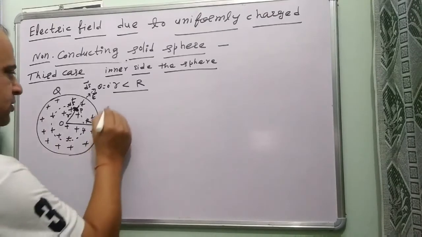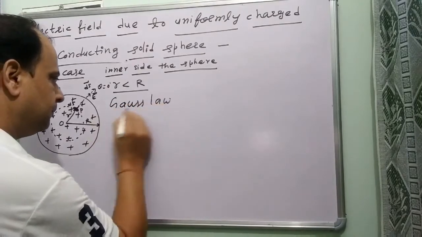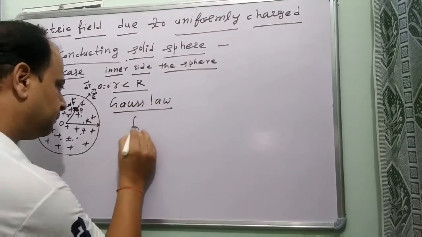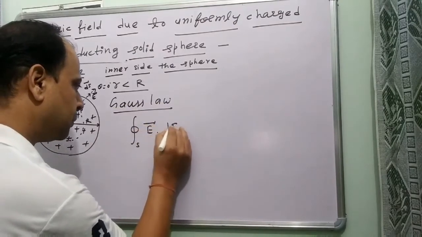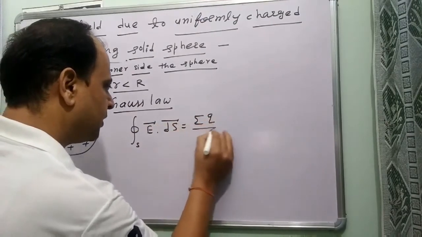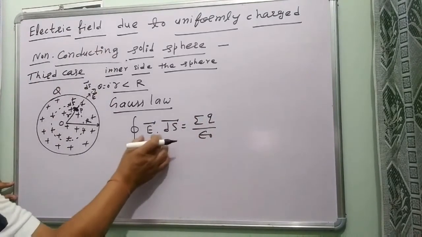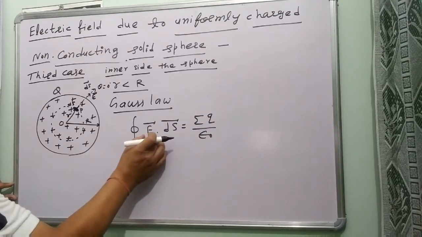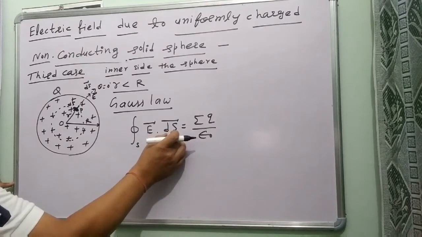Now Gauss law: closed integral of E dot dS equals sigma q upon epsilon 0. The angle between electric field vector and area vector is 0, so cos 0 is 1.